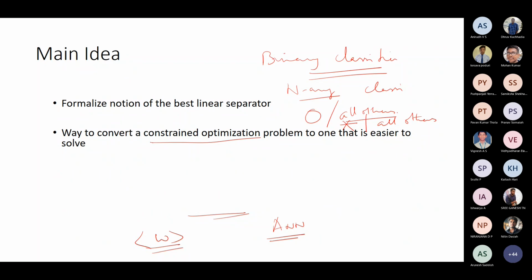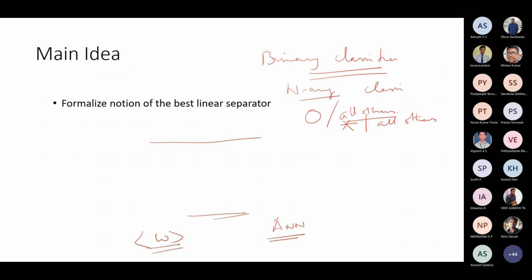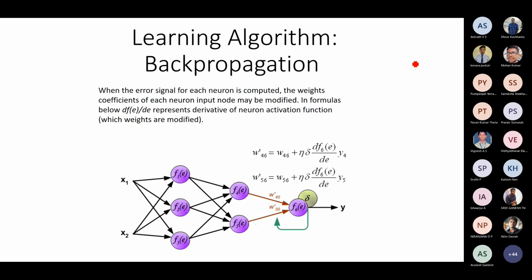Now what is the model again here? When you looked at naive Bayes, probability is your model. When you looked at decision tree, the tree is your model, which is actually a DNF of CNF. Disjunctive normal form of CNF is your model. When you look at this ANN, what is your model?